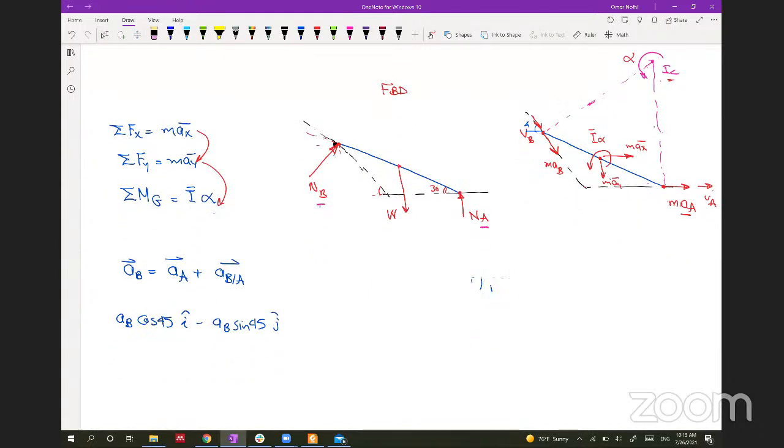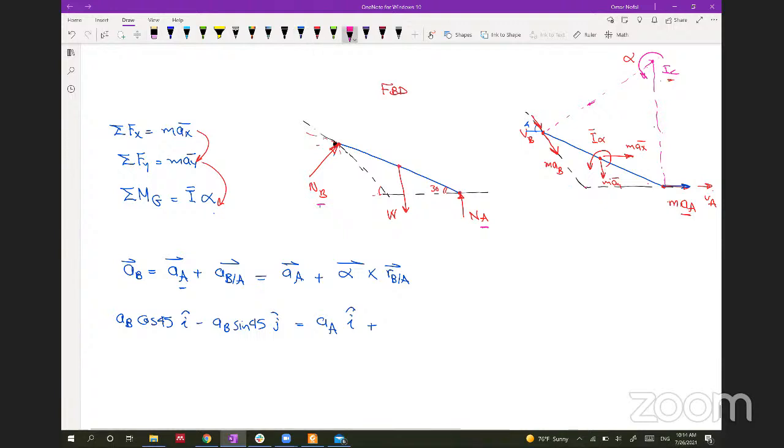And this should be equal to the acceleration at point A, and we know that A is going in the I hat direction, so it will be the magnitude of A in the positive I hat, plus AB with respect to A, so this will be equal to alpha of the body crossed by RB with respect to A. And actually that's what we can know.